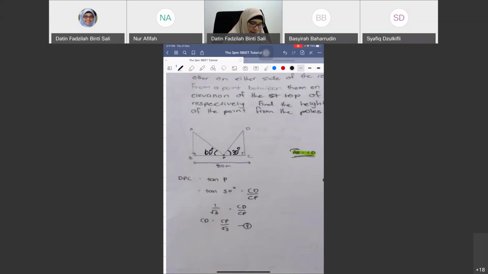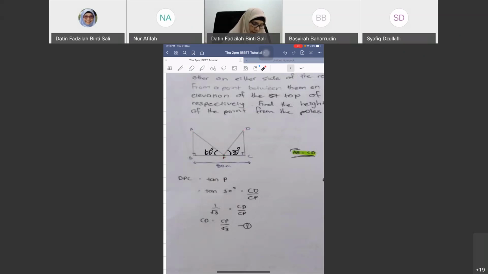The distance here is 80 meters. Let's look at the solution. These are the labels from your friend: A, B, C, D, and this is P.